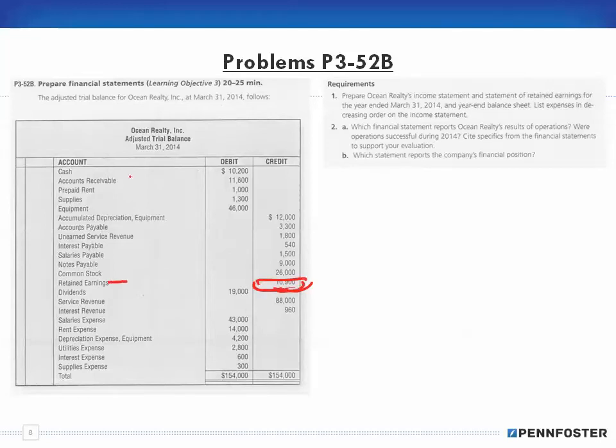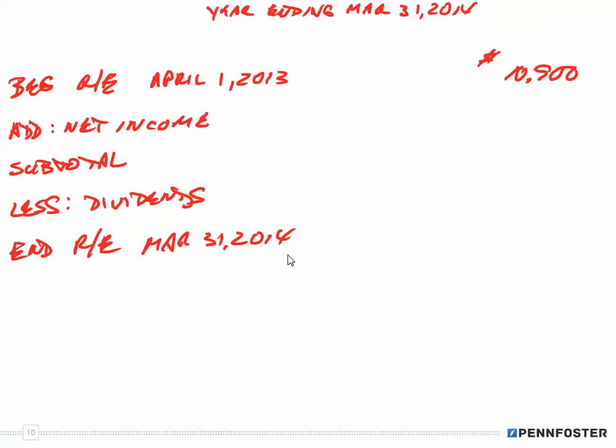Remember, this is an adjusted trial balance, so that retained earnings amount is what it was at the beginning of the accounting period. Sure, we've made adjustments, but you shouldn't be making any adjustments to the retained earnings, and we have not made closing entries. So we haven't moved our revenue or expenses or dividend amounts into that retained earnings account. So whatever that balance is, is our beginning balance.